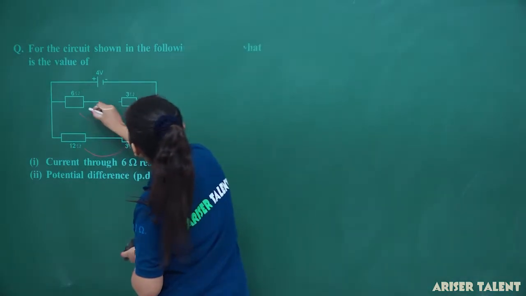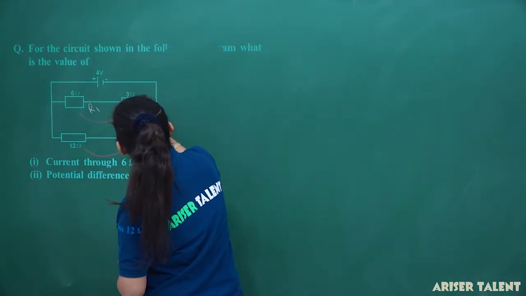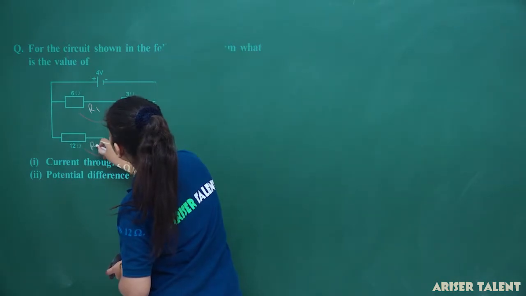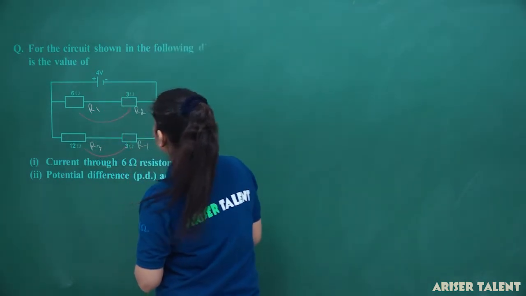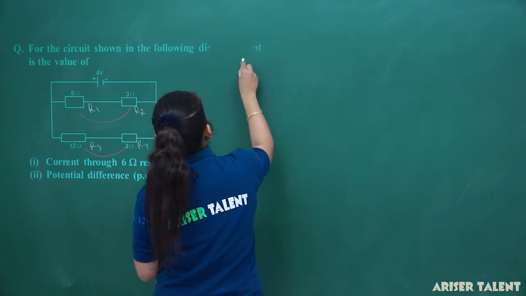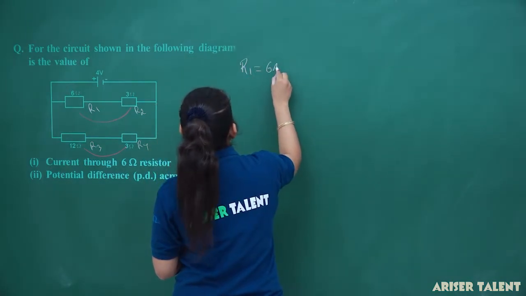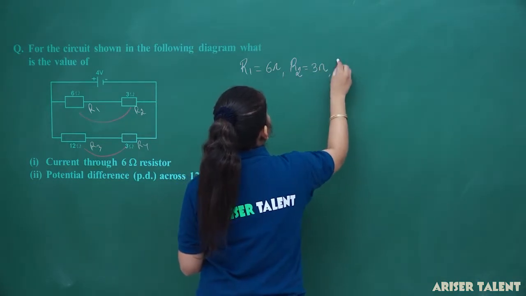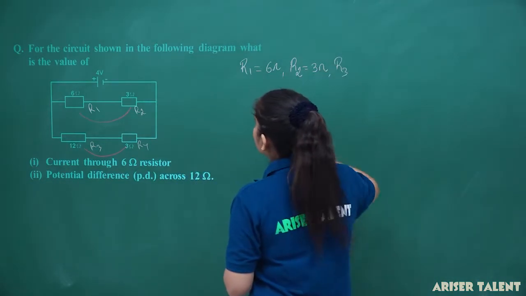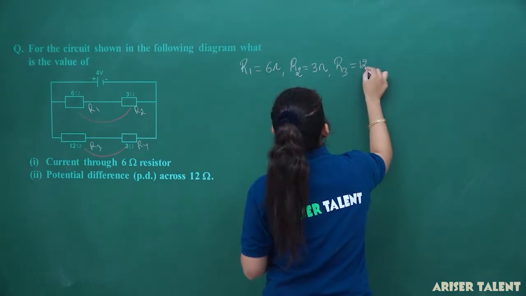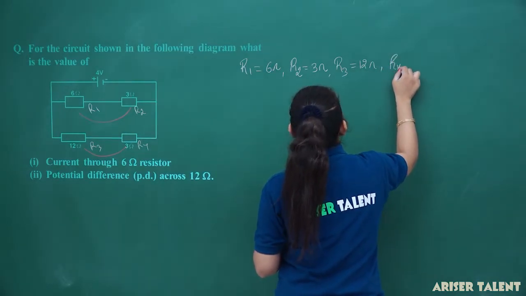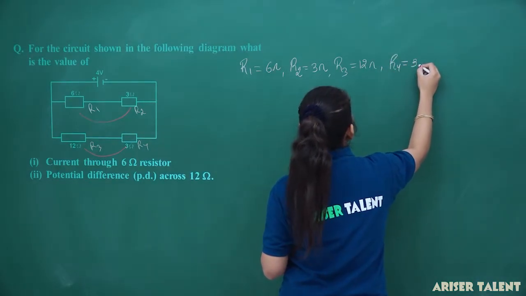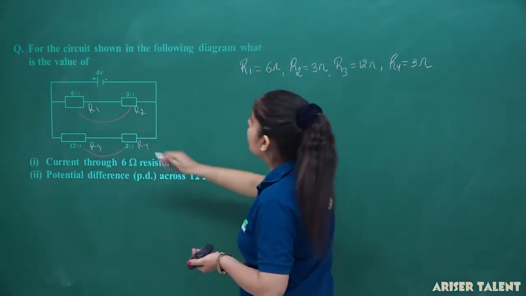So firstly I am giving it the name R1, this is R2, this is R3 and this is our R4. So we can write here R1 is 6 ohm, R2 is 3 ohm, R3 is 12 ohm and R4 is 3 ohm.